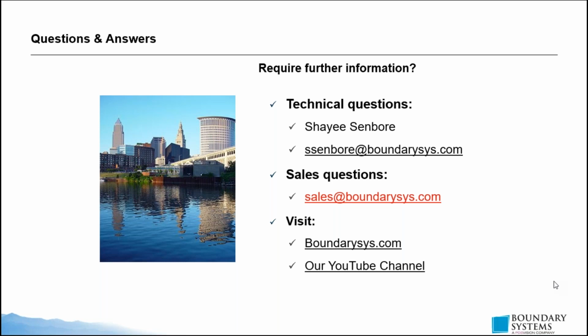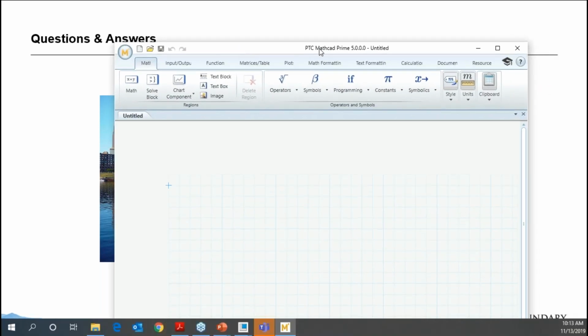In this case, what I typically do is pull out MathCAD. If you don't have a license of MathCAD, you can get the free MathCAD Express, which is always going to be free.